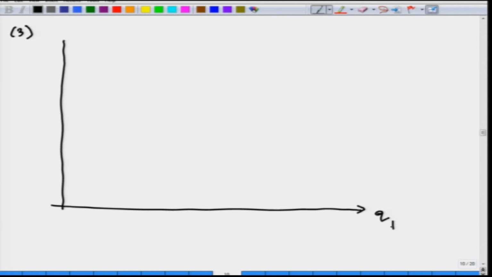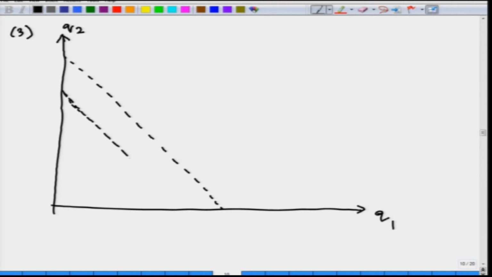So, this is Q1, this is Q2. So, this is the best response function for firm 1, and let us get firm 2's best response function. So, these are T and V, right.